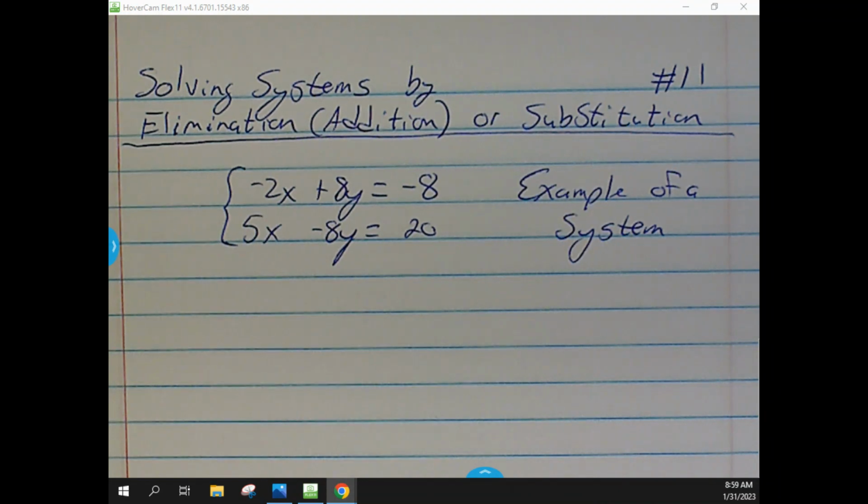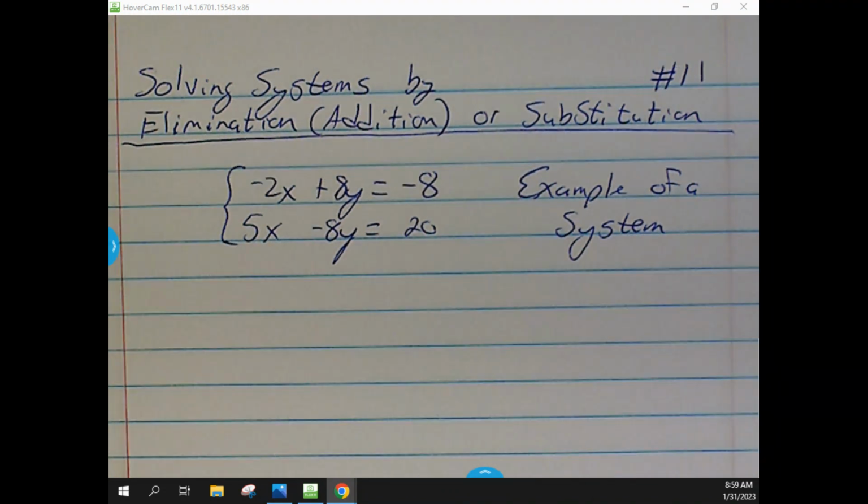You can actually have more than two lines that you're working with, but most of the time here in the beginning, we're going to stick with two lines with two variables. Okay, and we'll show you the addition or the elimination method first, and then we'll come back and show you substitution after that one, just because, no particular reason, as we go through this.